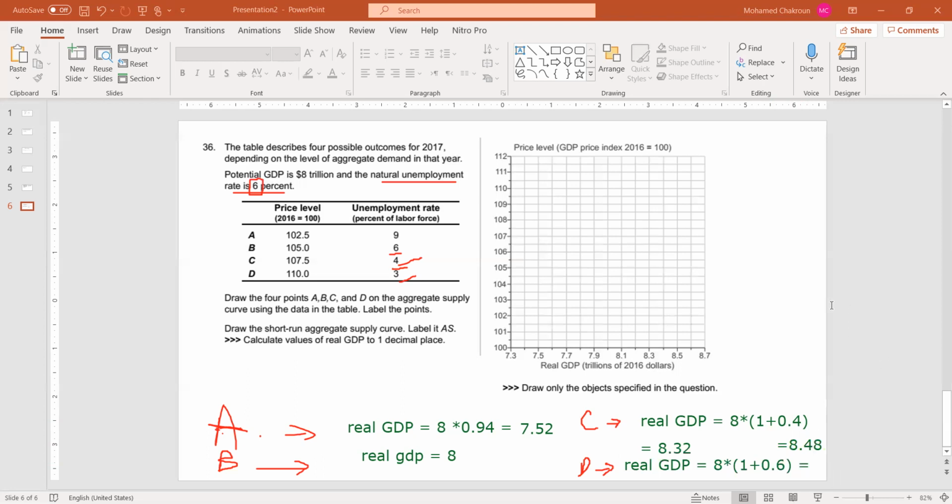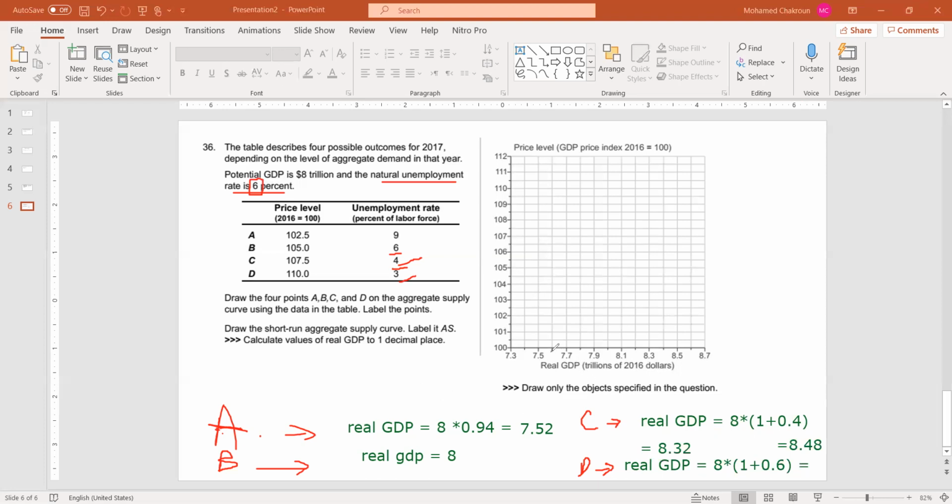Now we have our different points. So point A, we have 102.5 and 7.752.